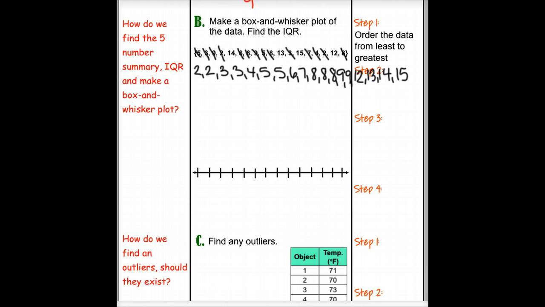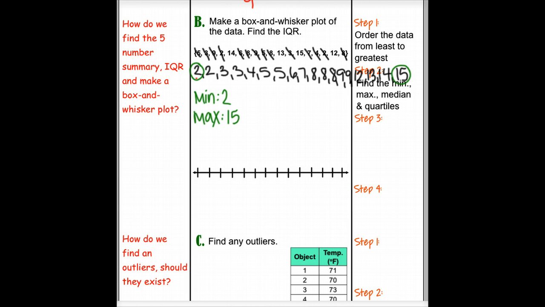Once I've ordered the data set from least to greatest, now I'm going to find the min, max, median, and quartiles. So obviously my min is 2 and my max is 15, so I'll write those down. Minimum 2, max 15. Then we go to find our median.